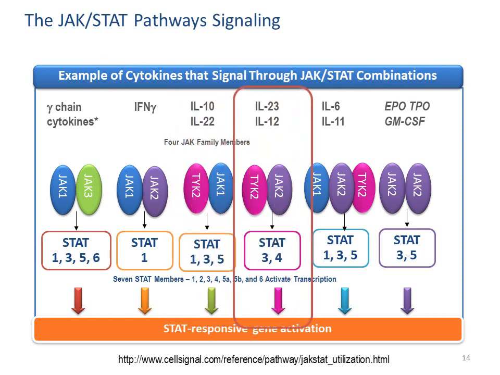In the case of IL-23 and IL-12, it's also very important to know which cell is actually responding. IL-12 will be basically signaling through the TYK2, JAK2 and activation of the appropriate STATs to produce a Th1 phenotype, whereas the IL-23, using the same TYK2, JAK2 and different STAT pathways in different cells, will be differentiating that Th phenotype into a Th17.